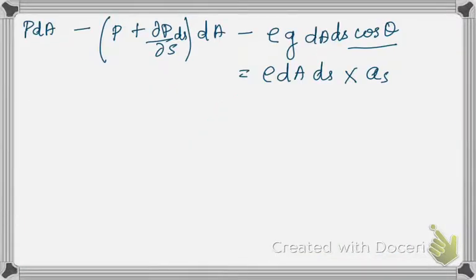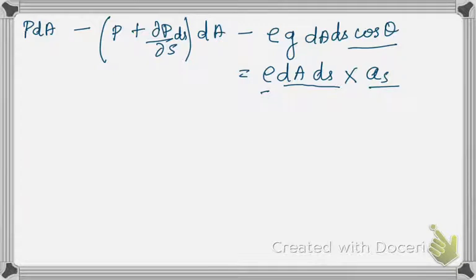And the mass is going to be rho into dA into ds. How it comes: density is equal to mass by volume, so mass will be equal to density into volume. Here density is rho and volume is going to be dA into ds, into acceleration, that is as. So net force is equal to mass into acceleration, where as is the acceleration in the direction of s.